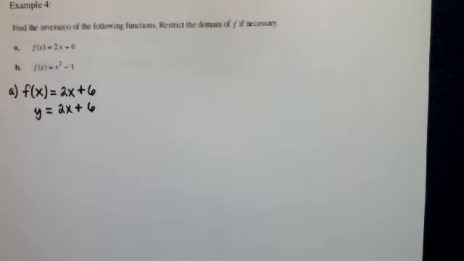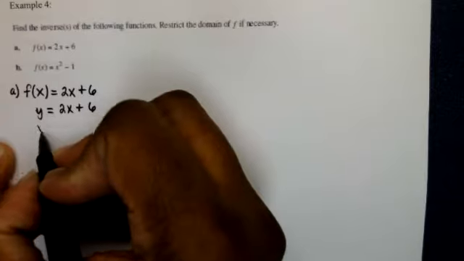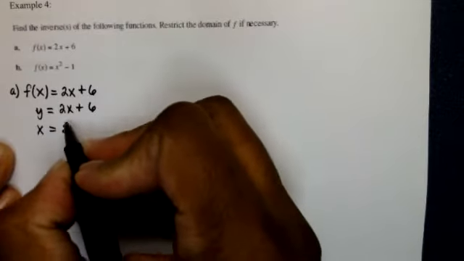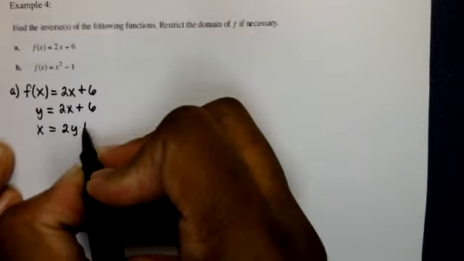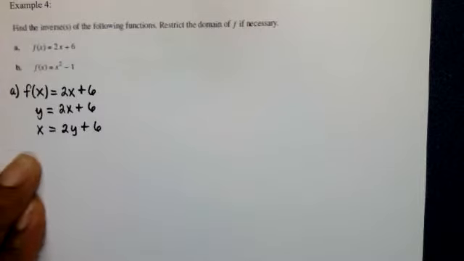Okay. All right, and then second, you're going to interchange x and y. That means the y becomes x, and that's equal to 2 times the x becomes y plus 6. So I get x is equal to 2y plus 6. And then we're going to solve this equation for y.